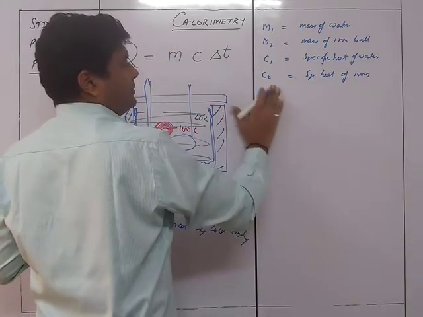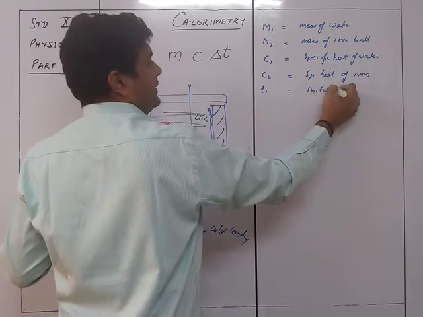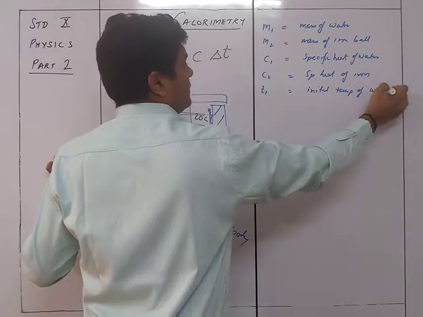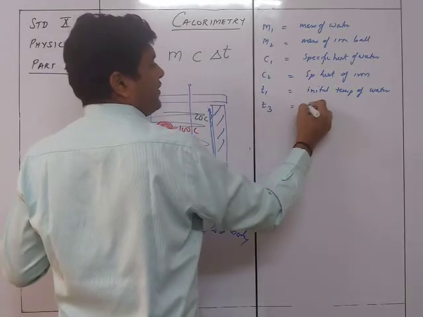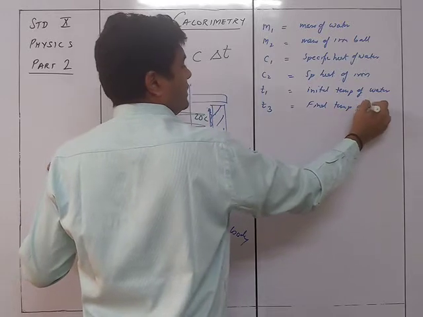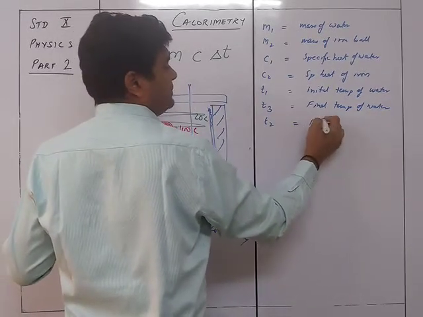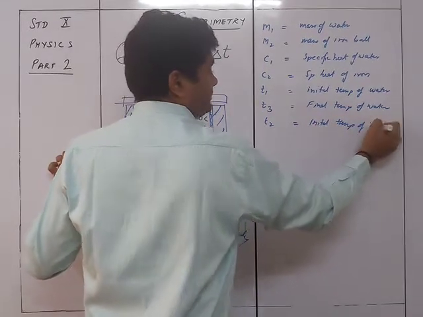T1 is the initial temperature of water, T3 is the final temperature of water, and T2 is the initial temperature of iron.